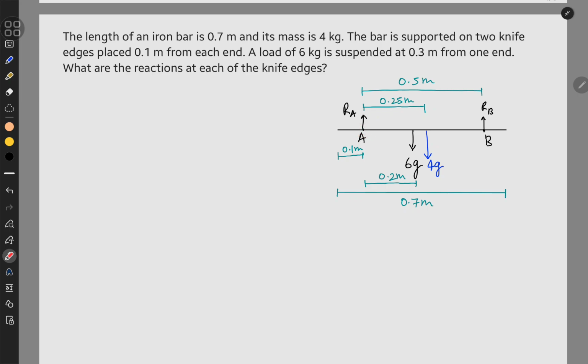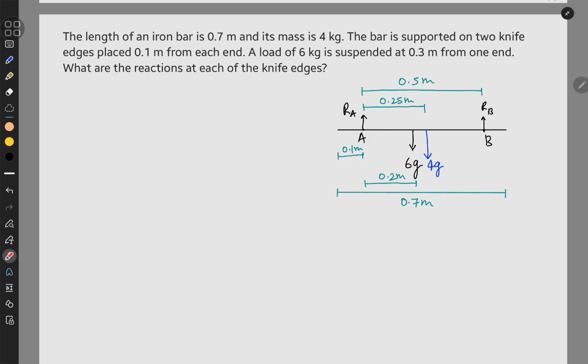So we are going to measure all our distances from point A. For that, we can say that this is 0, since we are talking in one dimension only, and all the measurements are being done from this point.